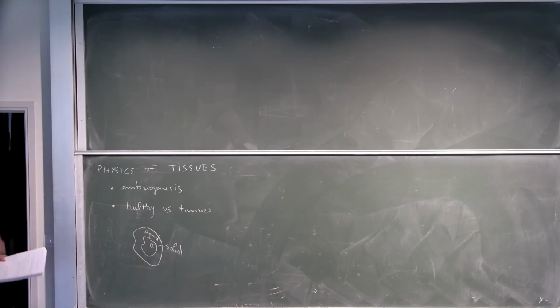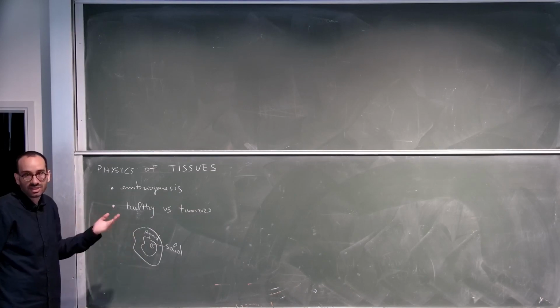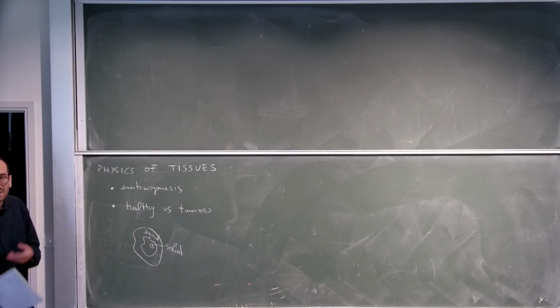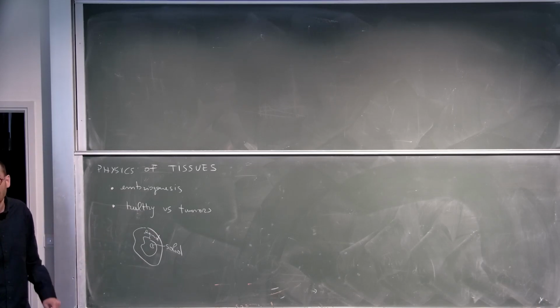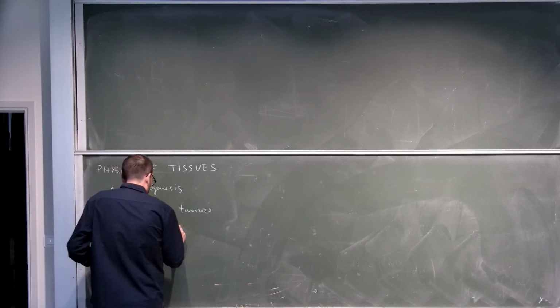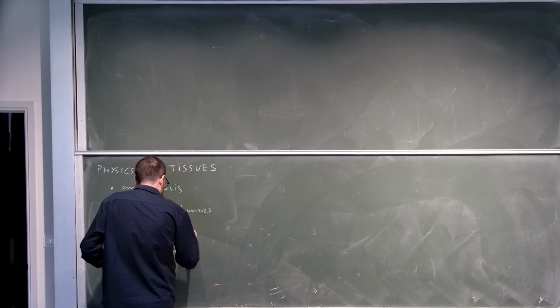Okay. And all this is complicated because the building blocks are complicated. These are cells. They are systems that are active somehow because they process information and they have a metabolism. So all this is a kind of, I call it complex matter.